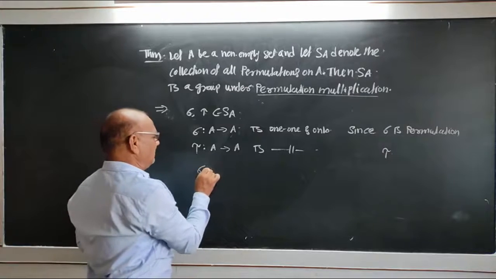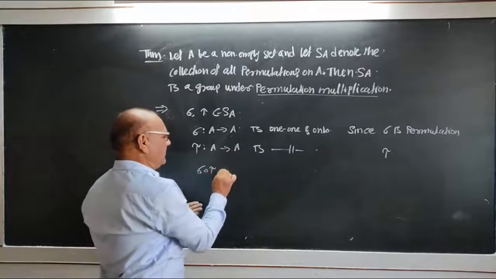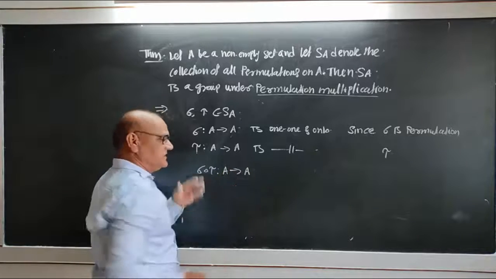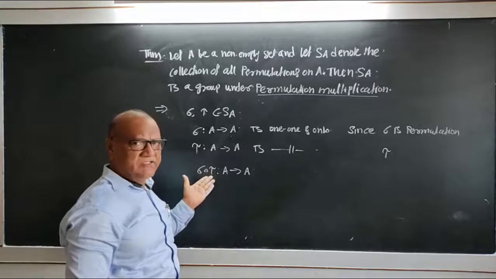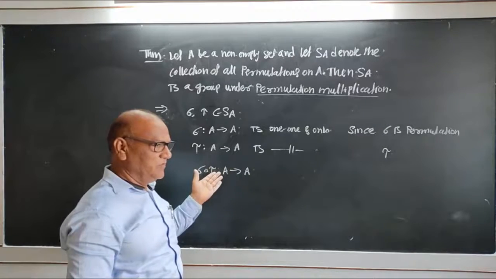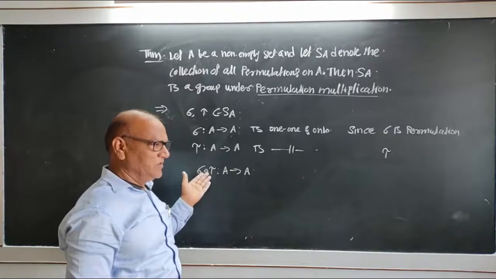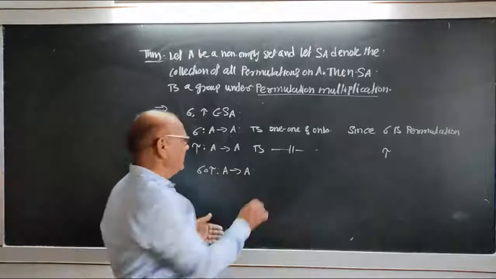Now sigma tau is a function from A to A. Sigma is 1-1, tau is 1-1, therefore sigma tau is 1-1. Tau is onto, sigma is onto, so sigma tau is onto.